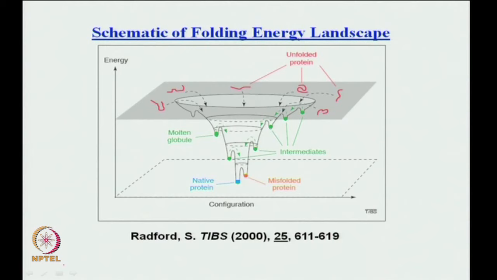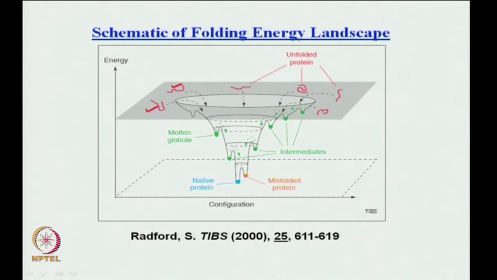See, there is a beautiful schematic. It tells you pretty much whatever we have discussed right now. You are looking at a funnel. In the shaded portion, what do you have? You look at this one, and this one, what are these? These are different conformations of the same state, which is the unfolded state, and they are occupying different points on the free energy surface.